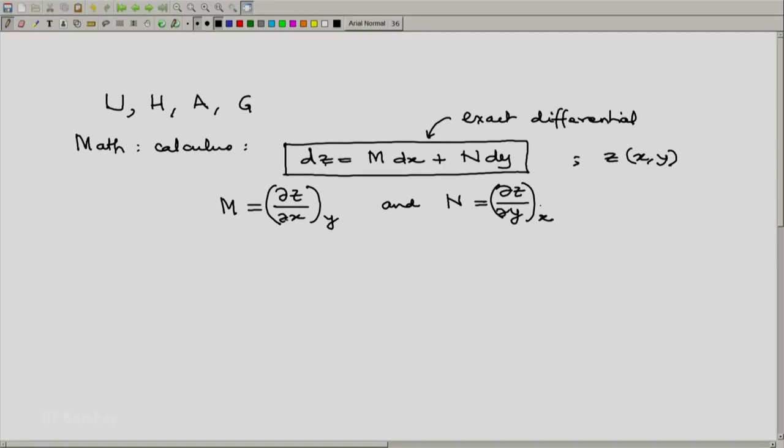That is because X and Y are supposed to be the common symbols. If you write partial of Z with respect to X, by default it is assumed that the independent variable Y is kept constant. But in thermodynamics the situation is different.